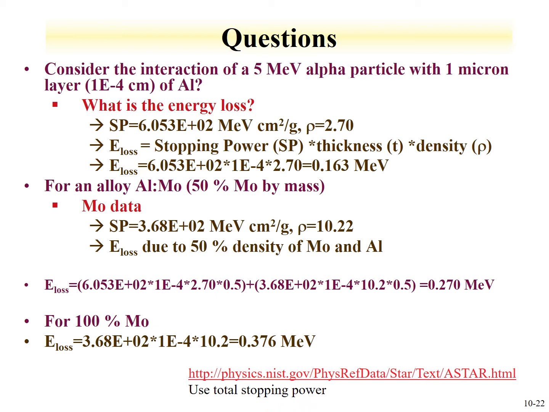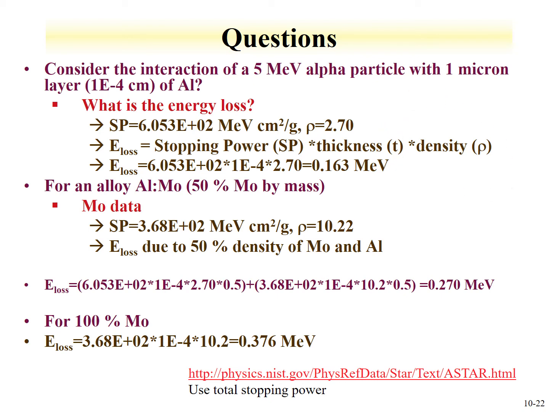Again, for the other systems, the proton and electron also use total stopping power. So, for example, consider the interaction of a 5 MeV alpha particle with a 1 micron layer of aluminum. We want to utilize the equation to determine the energy loss. The energy loss is stopping power times the thickness times the density.